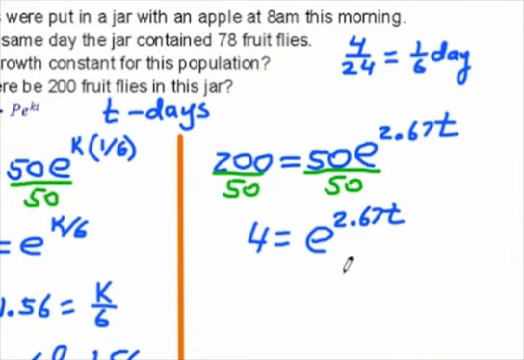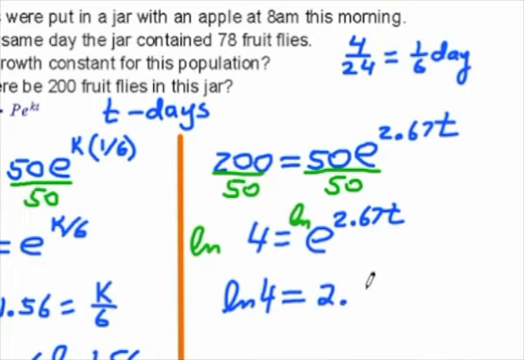And in this one, I'm going to practice the other method, which is ln'ing both sides. So I'm going to ln both sides. And what we'll end up with is, on the left-hand side, ln of 4. On the right-hand side, the ln and e, since they're inverse functions, will pretty much cancel each other out, and you're left with 2.67t.